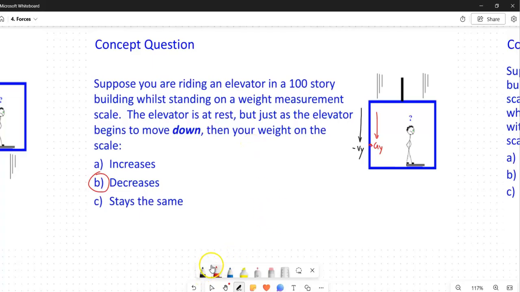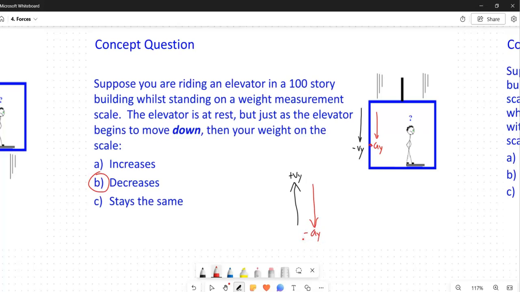This is also true when you are moving upwards in an elevator and you begin slowing to a stop. Again, it depends on the direction of that acceleration vector.